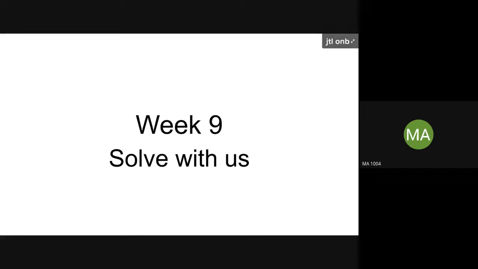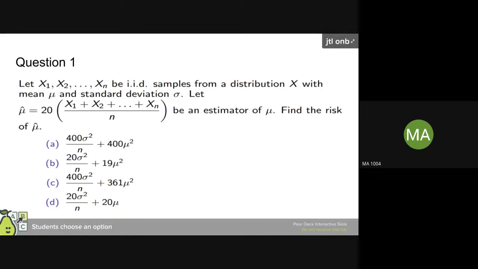Okay, so let us solve a few problems, and if required, we will discuss a few concepts around that also. Here we have x1 to xn as IID samples from a distribution x. I have drawn n samples from that distribution, and x has some mean mu and standard deviation sigma.